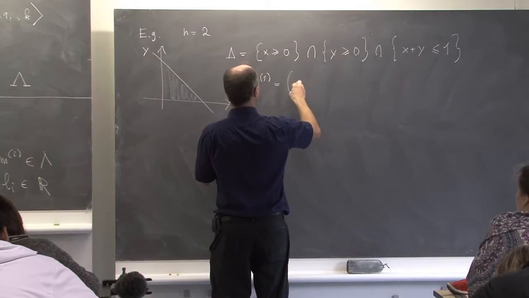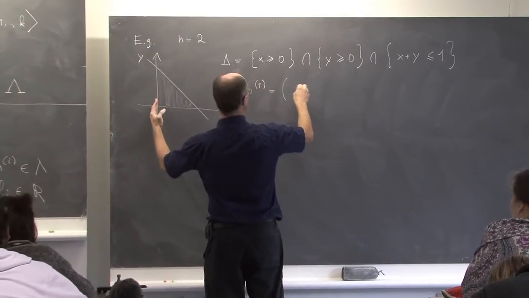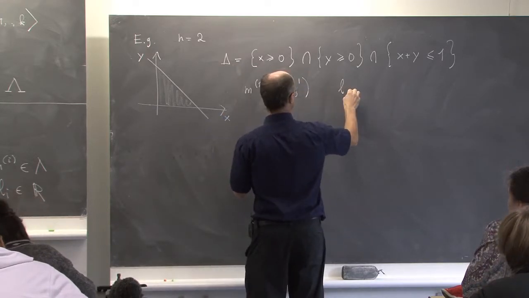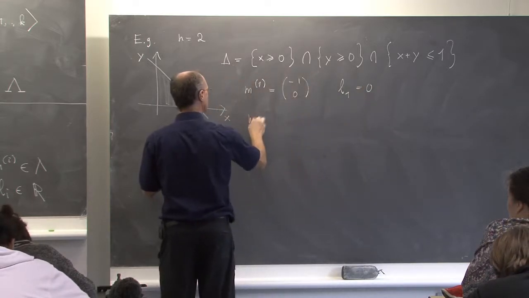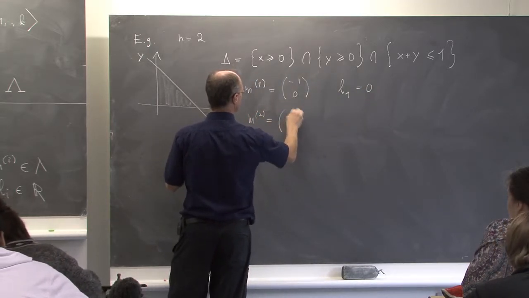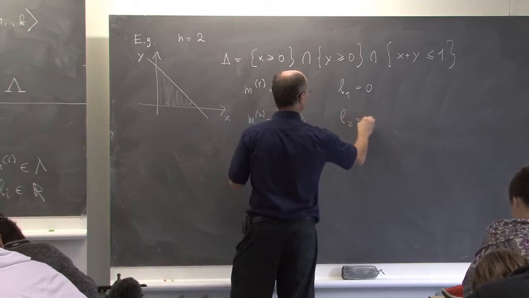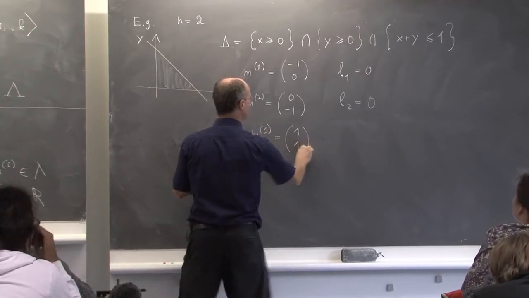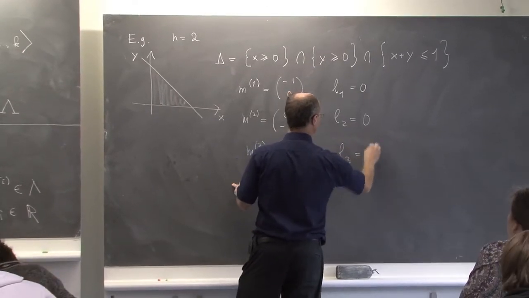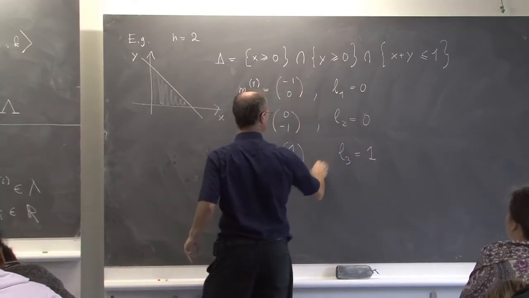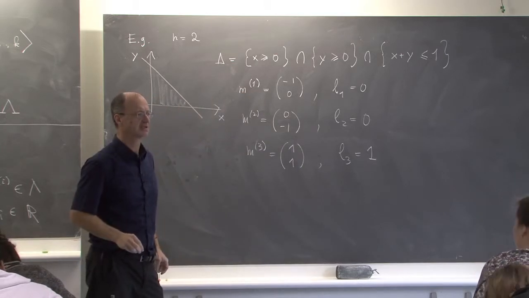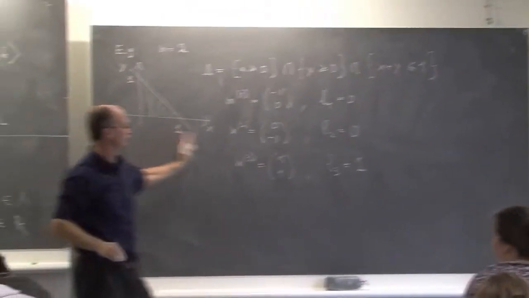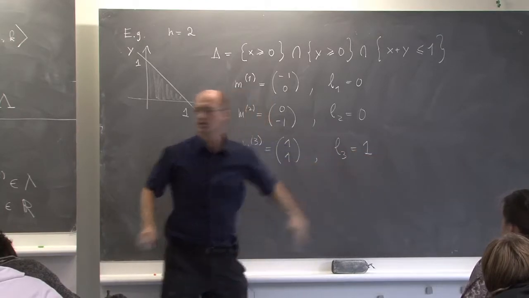I think the first vector will be minus 1, 0, and l_1 equal to 0, m_2 equal to 0, minus 1, l_2 equal to 0, and m_3 equal to 1, 1, and l_3 equal to 1. Is it correct?